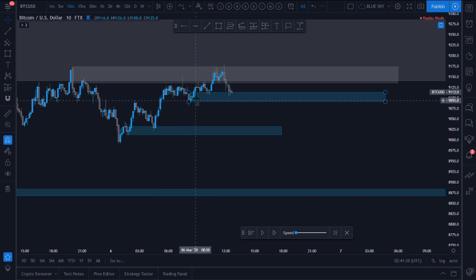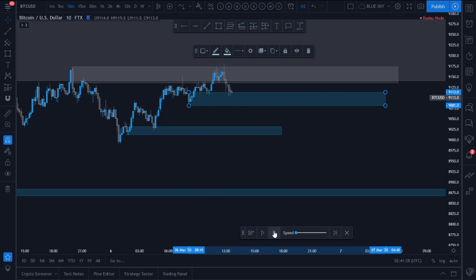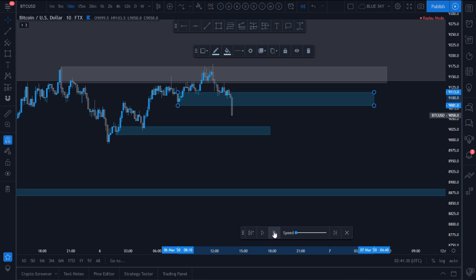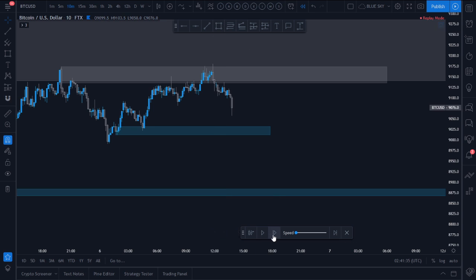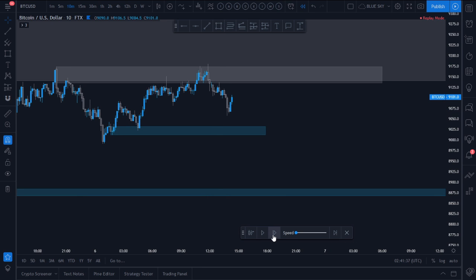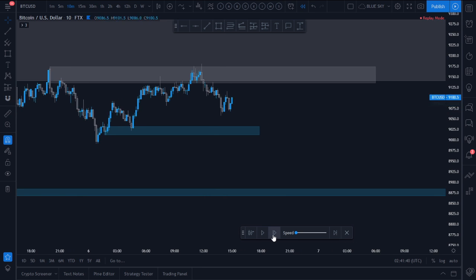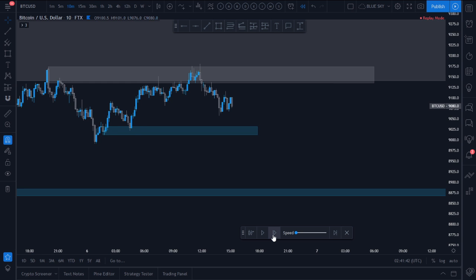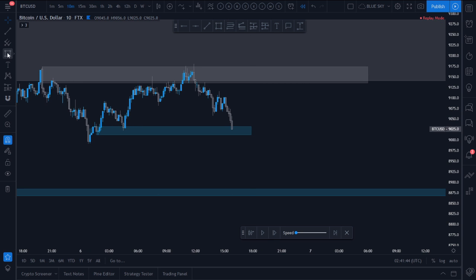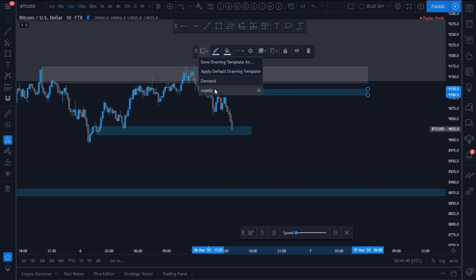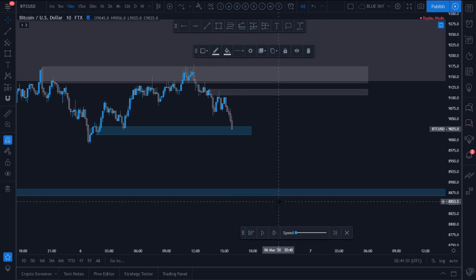Rally, base, rally. And it has been invalidated. New supply zone. Resistance, as you see.